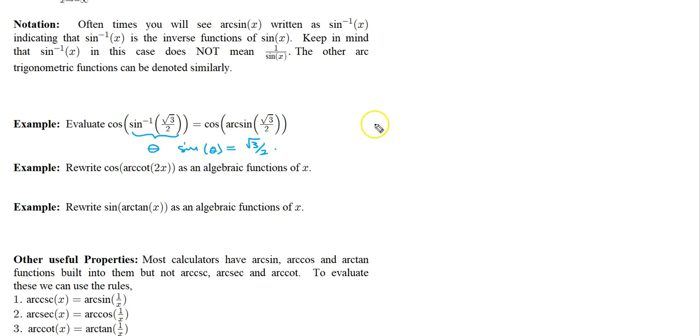The easiest way to do this is with a little picture. So let's label this quantity right here as theta. Now the sine of theta is supposed to be √3/2. Sine, remember, is opposite over hypotenuse. You have to remember your right triangle definitions for your trig functions. So we'll think of √3/2 as being the entire numerator right here.